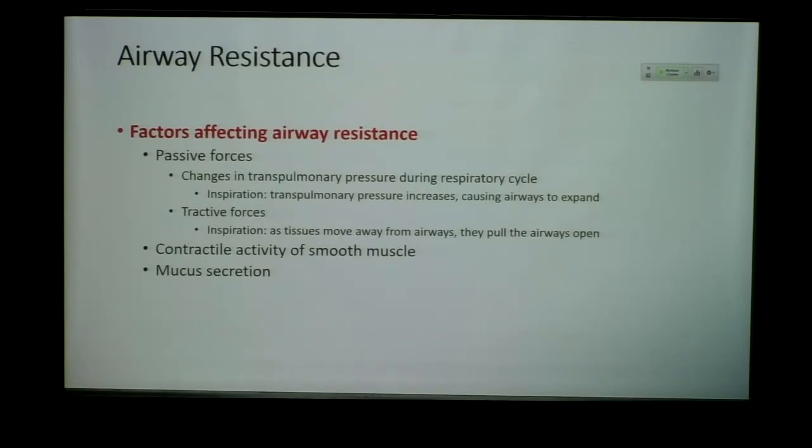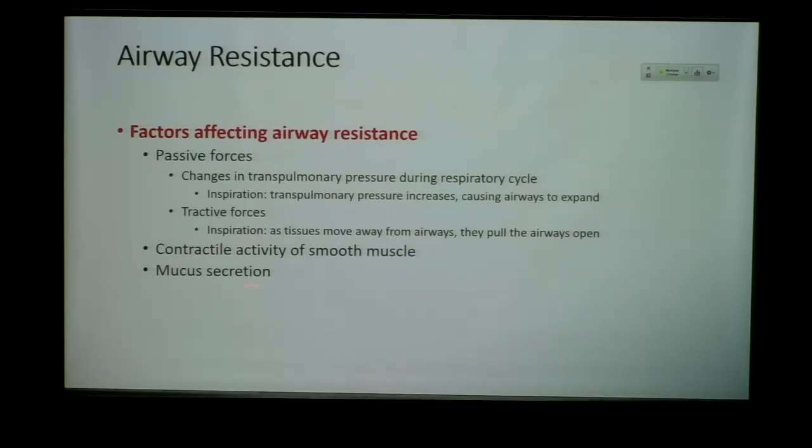What does that do to resistance? It's going to decrease resistance, right? So having the chest wall pull on the pleural cavity, pulling on the lung tissues, expanding the lungs decreases resistance, and the reverse is true if we have the chest wall relax, okay? So this tractive force is another thing that can influence resistance.